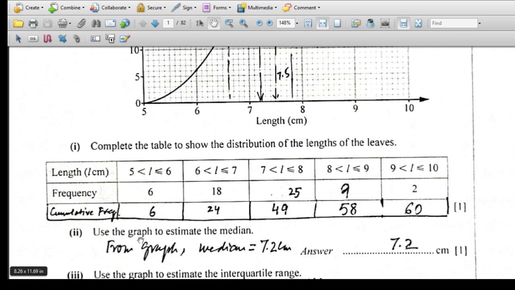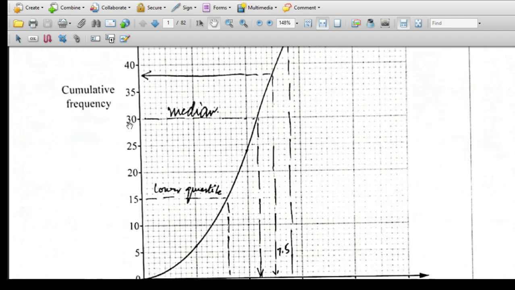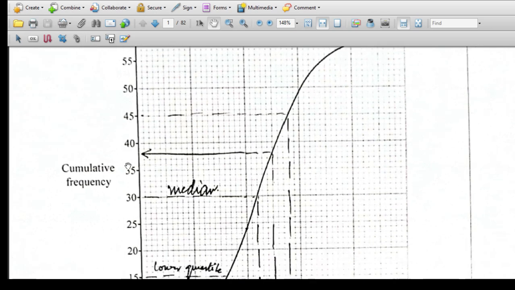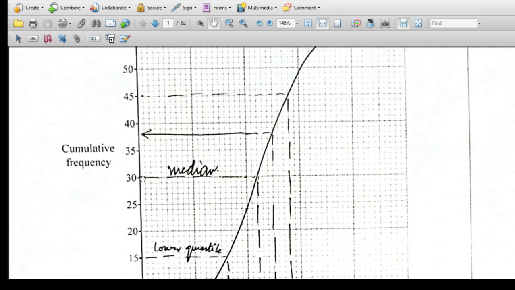In the second part, use the graph to estimate the median. The frequency is between 0 and 60, so the median should be around the value 30.